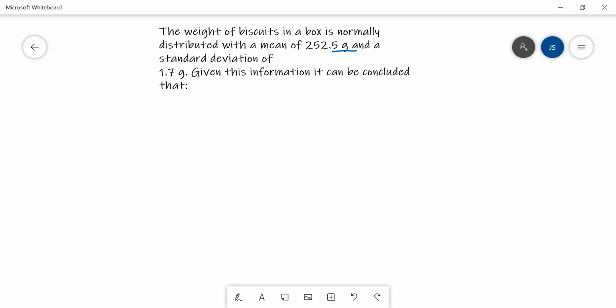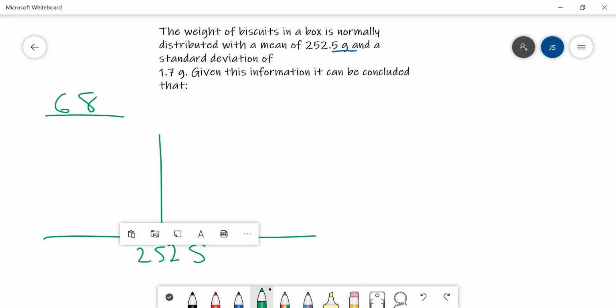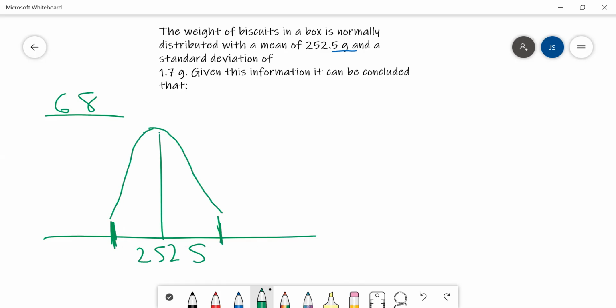So if we're going to focus on doing the 68 rule, when we talk about the 68 rule, it just means your graph, okay, center point being the mean, which is 252.5, means one standard deviation to the left, which would be about here, and one standard deviation to the right, says that if all these amount of weight is approximately 68% of the biscuit boxes.